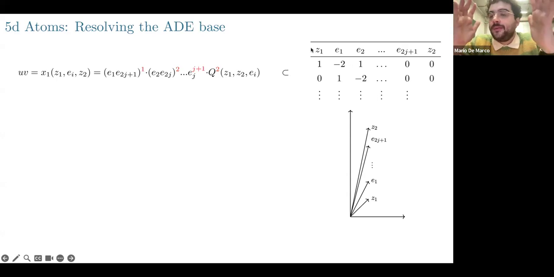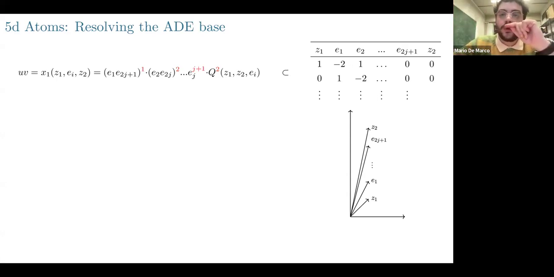This might seem to be very many variables, but we have to identify them by some C-star action, just the C-star vectors whose action are the rows of the matrix on the top right of the screen. The important bit is that if I set, for example, z1 equal to 0, I am considering a certain non-compact 2-cycle within the Du Val singularity. E1 equal to 0, I am considering a certain 2-sphere, and so on. And these compact 2-spheres intersect, as one can read from the toric diagram, as the A_{2j+1} Dynkin diagram.